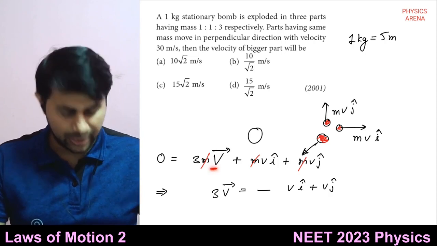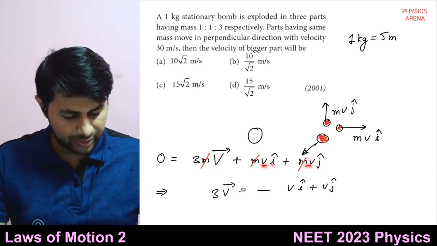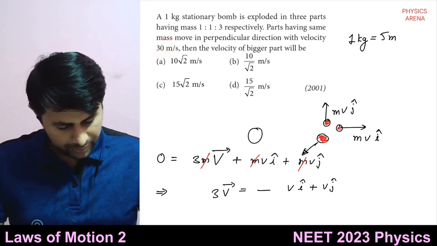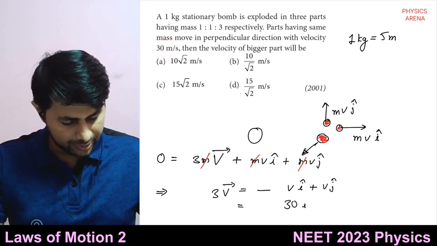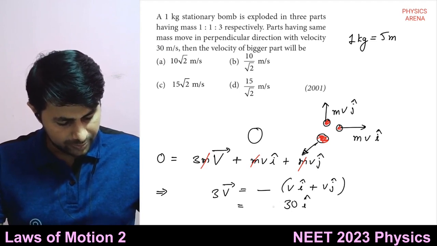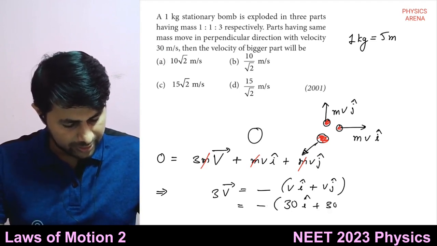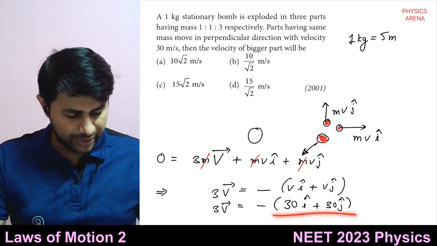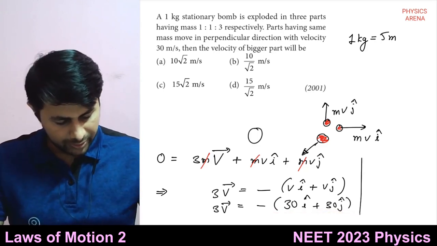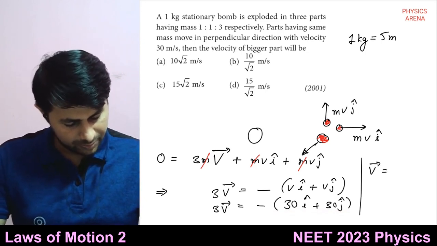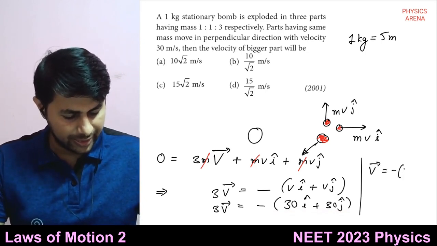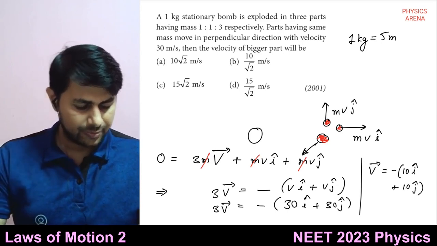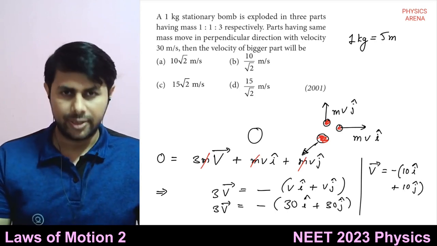Notice here I have written capital V, this is small v. So small v is given, it's 30 meters per second. So this is equal to 30 I cap plus 30 j cap, and this is 3 times V. Now if you divide it, V bar is equal to minus 10 I cap plus 10 j cap, and then you want the speed.